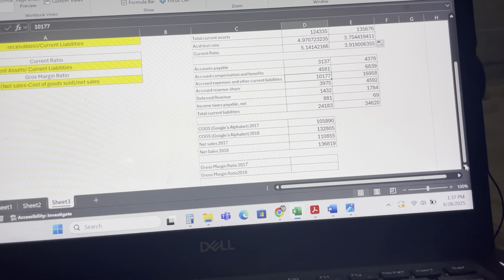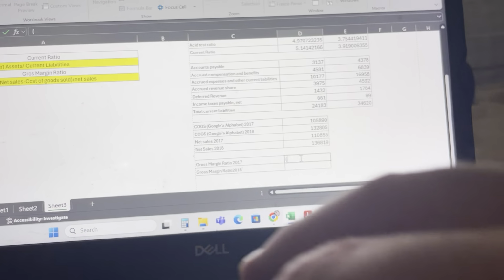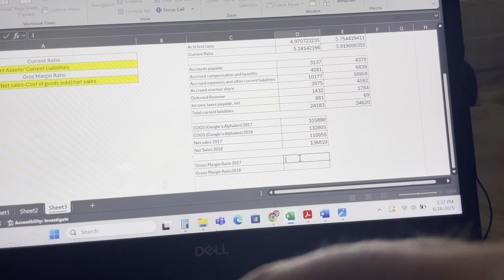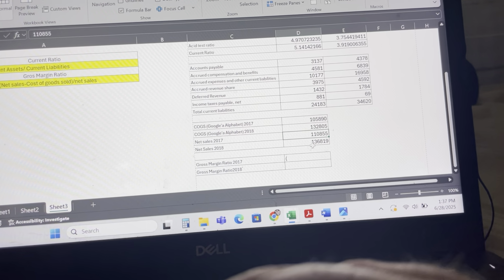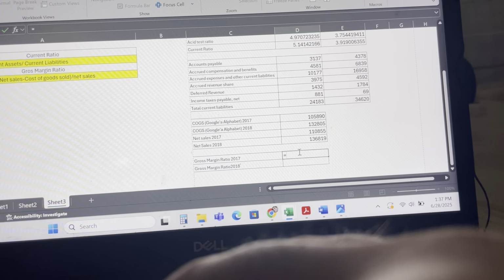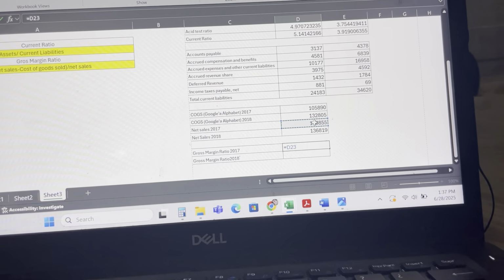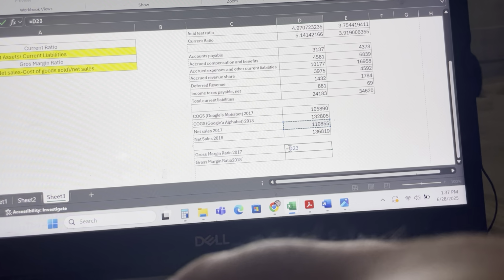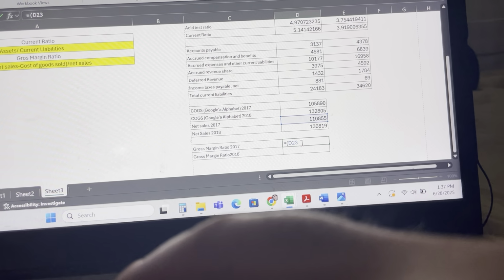So for the year 2017, we have net sales of, this is actually in millions, so that's 110 billion or something like that.